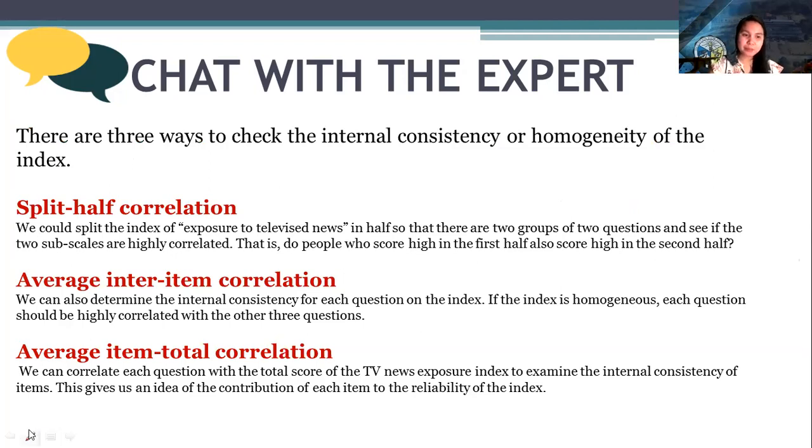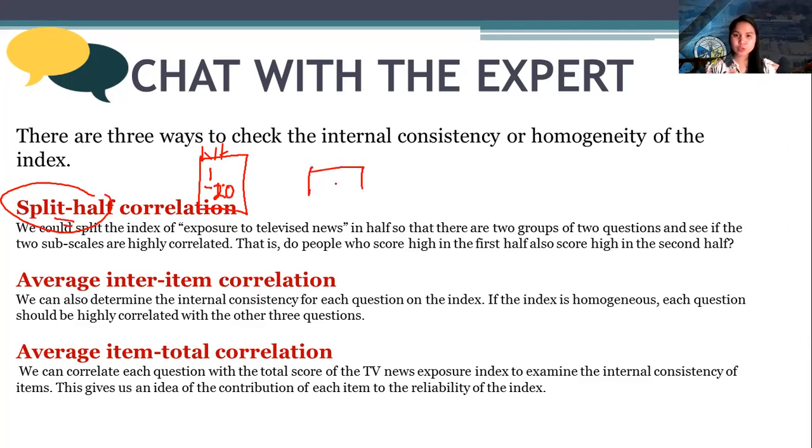Now, how are we going to do it? First is split half correlation. How will you do split half correlation? For example, this is my instrument. My instrument has items 1 to 20. I'll split it into half.